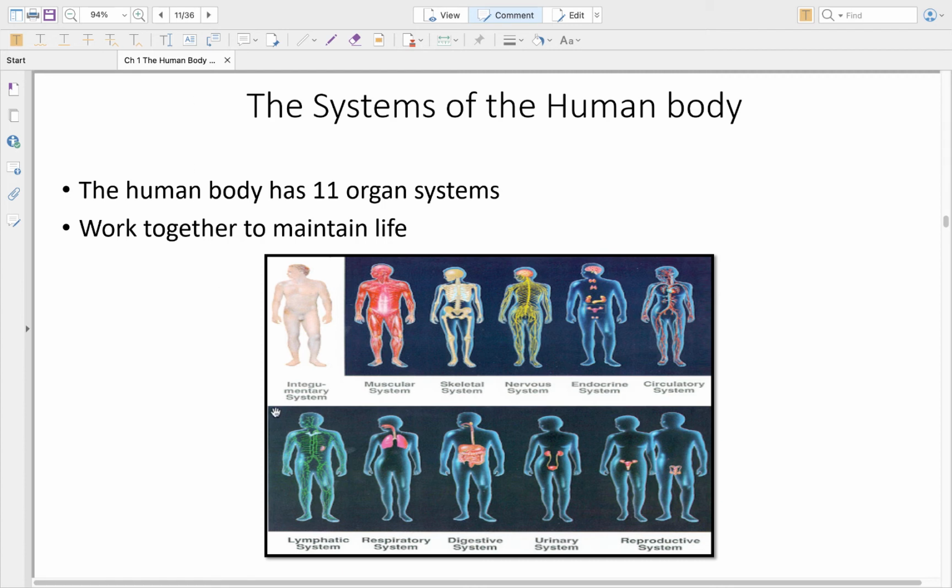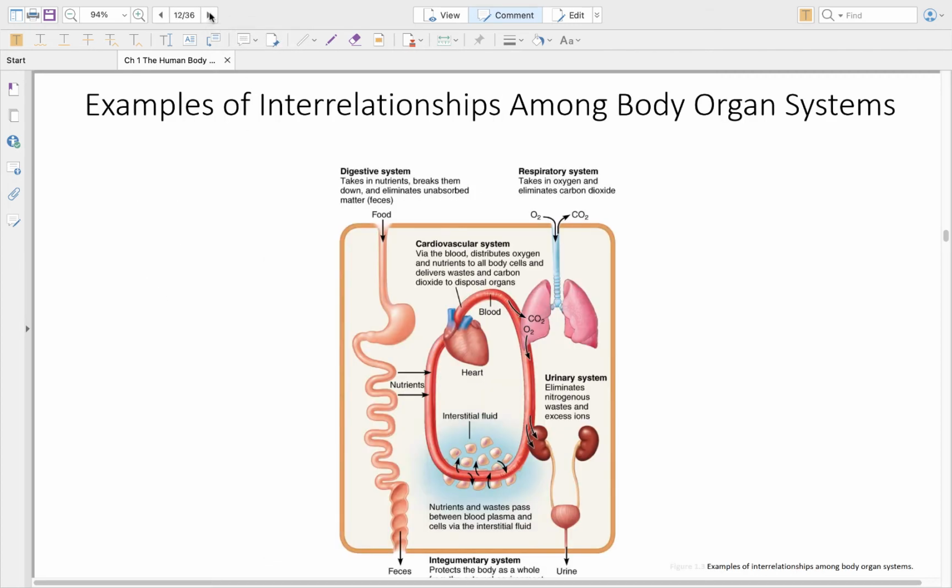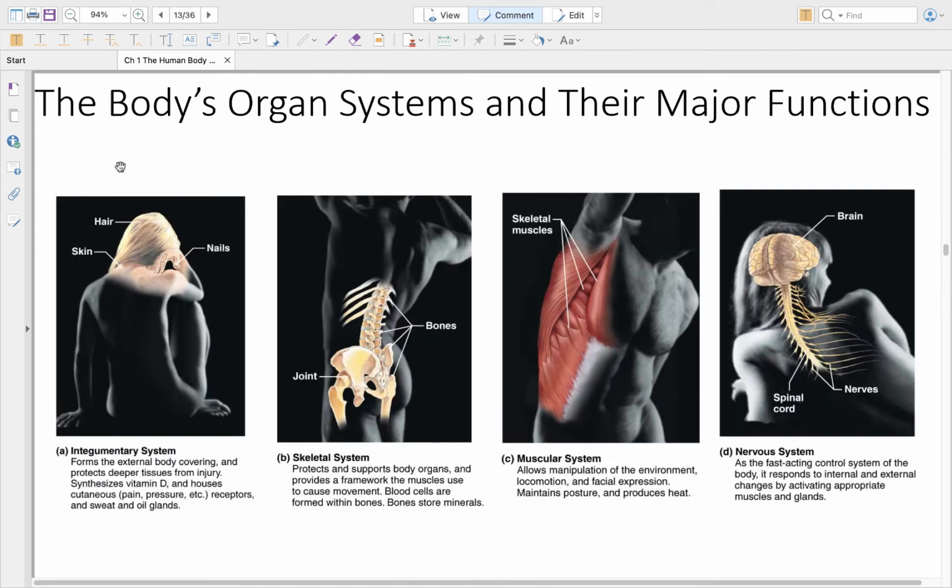All right, we're going to learn these systems in Anatomy Physio 1 and Anatomy Physio 2. But just as an introductory, I'm going to briefly introduce each system. All right, let's go ahead and start. Now, of course, you want to know each system and details about it.